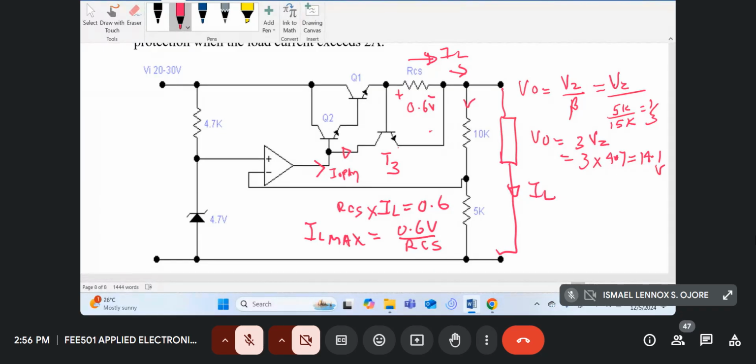So for example, if RCS is 0.1 ohm, then the short circuit current will be 0.6 divided by 0.1, which is 6 amps. So that's the function of this circuit, comprising the resistor RCS connected between the emitter and collector of T3.